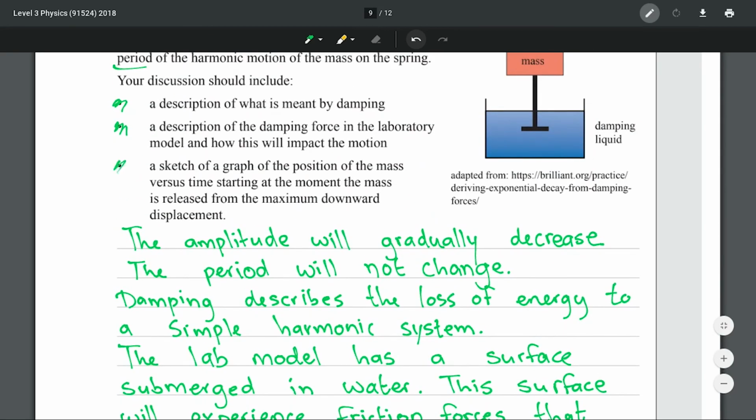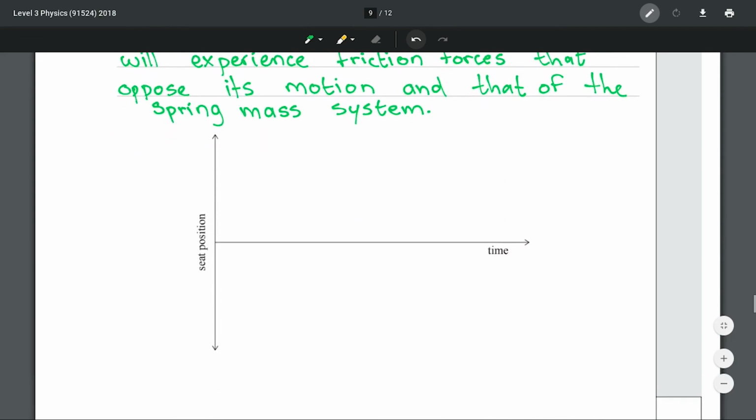And so our last point, it wants a sketch of the graph of position of the mass versus time, starting at the moment the mass is released from the maximum downward displacement. So let's do that. So our maximum downward displacement is going to be here.